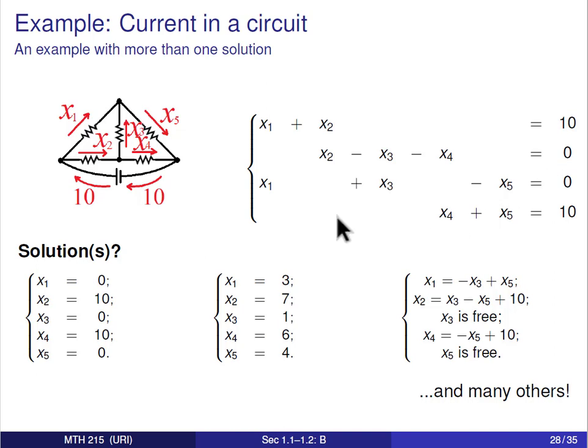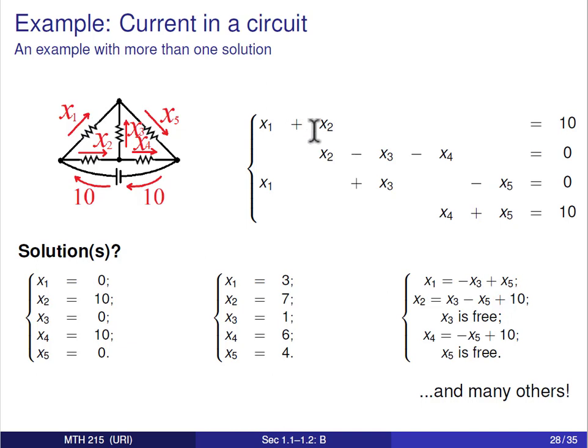And we had even in that first video identified, just by presenting it to you, a number of different solutions. Each one of these is a valid setting for x1, x2, x3, x4, x5 that makes the system of equations true. And that last one is notable because you can choose x3 and x5 to be anything, and as long as you figure out what x1 is based on your choices of x3 and x5, and do the same for x2 and x4, you'll see that the equations are all satisfied.